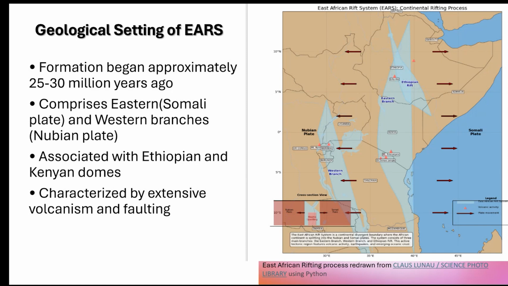As you can imagine, they vary a lot because the extension is much greater in the north than it is in the south, which means the asthenosphere, which is the source of all of these basaltic magmas, is much closer to the surface, and therefore it melts more in the north than it does in the south. And by the way, Oldoinyo Lengai is of great interest to petrologists because it's the only active carbonate volcano on the planet. And so that is of particular interest to petrologists.